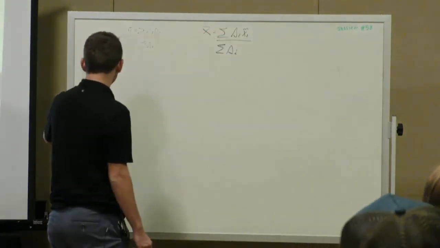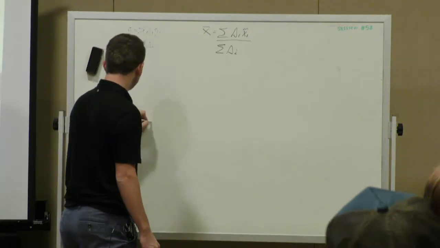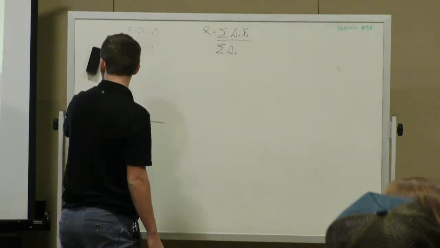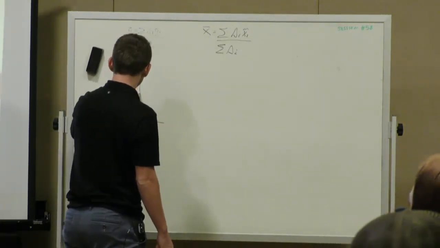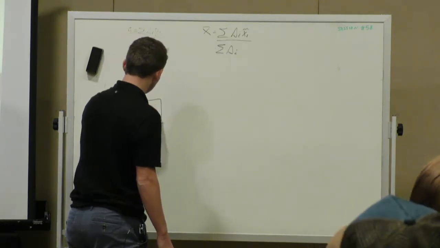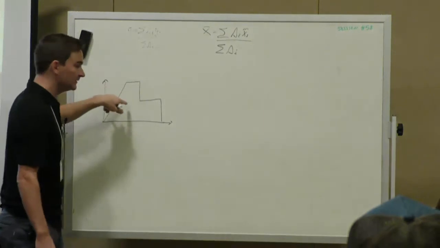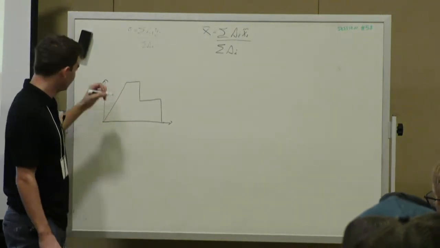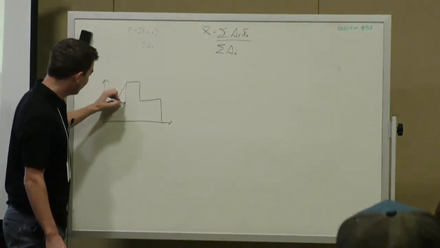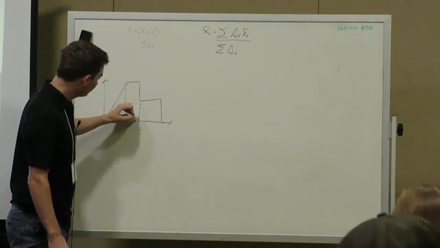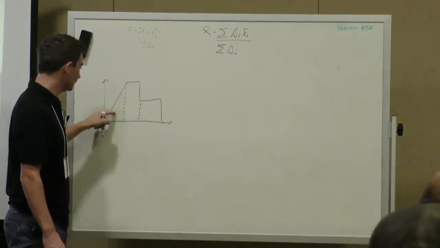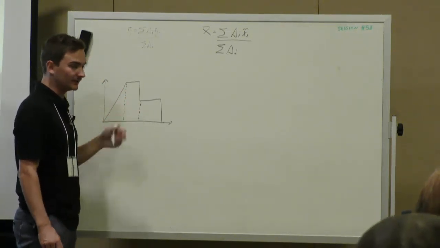So if we redraw our shape real quick, how many shapes can we make out of this to simplify it? 3. So I'm going to break it up this way to make it easier. We have 1 triangle and 2 rectangles.